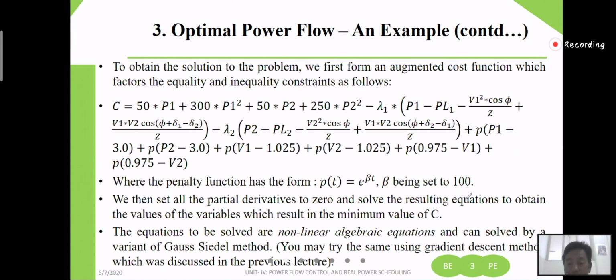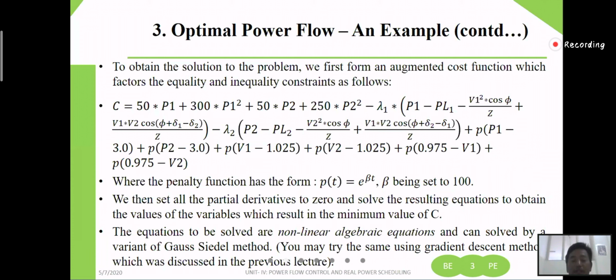But after choosing this, how do you proceed? The steps will remain the same as in the previous lecture, lecture number 5, on how to carry out the optimization. You have to differentiate dC by dP1, then dC by dP2, then dC by d lambda 1, d lambda 2, and then V1, V2, and all.